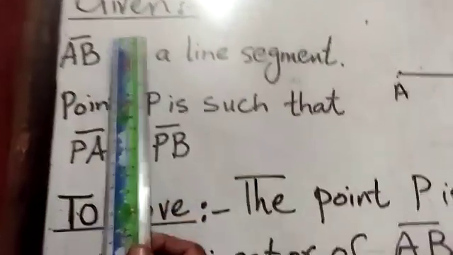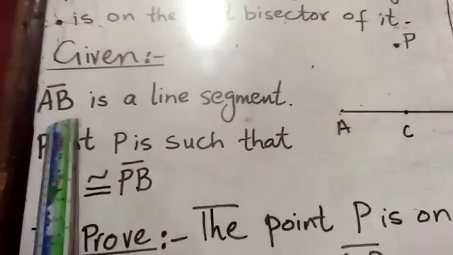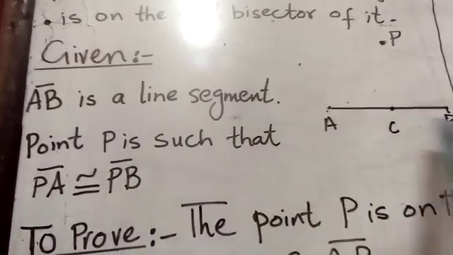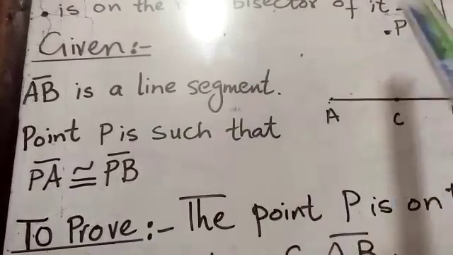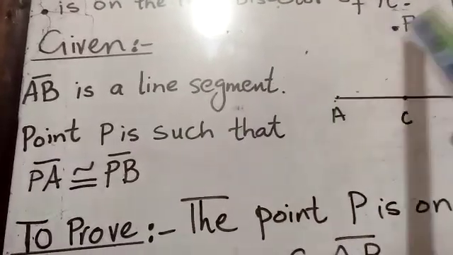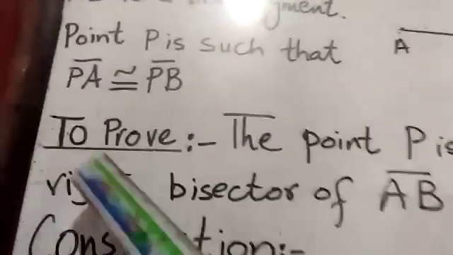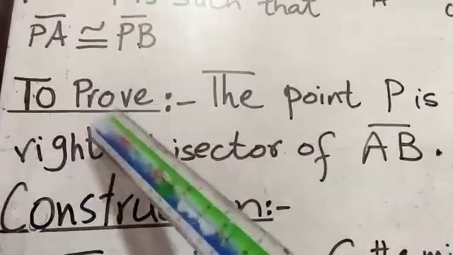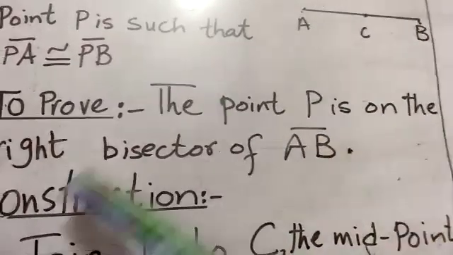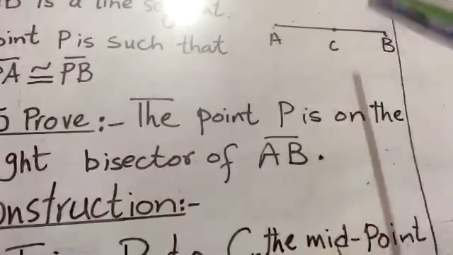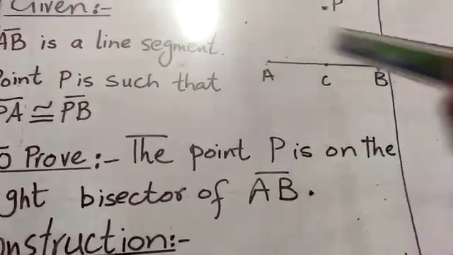So, the given of this theorem is: AB is a line segment, and point P is such that the distance from P to A and from P to B is congruent or equal. To prove: we will prove that the point P is on the right bisector of AB. It means point P is on the right bisector of line AB.